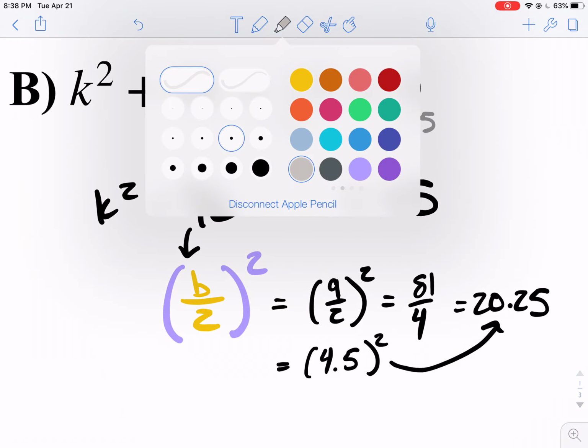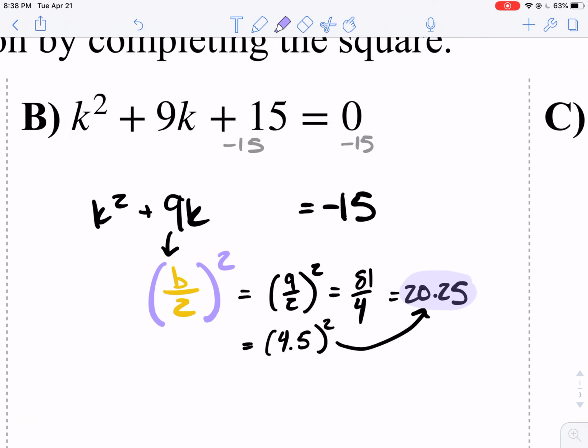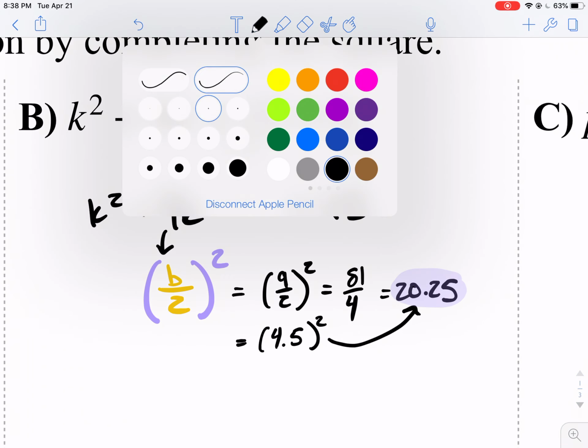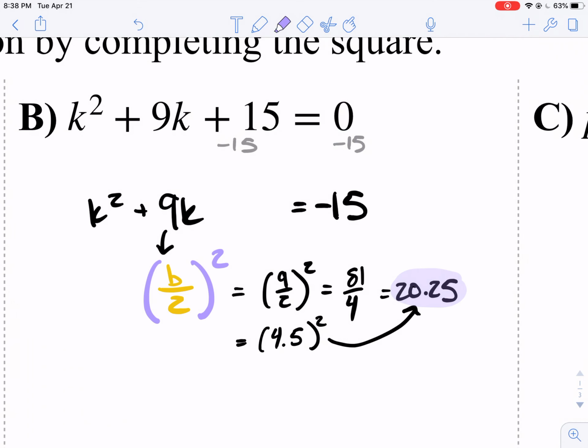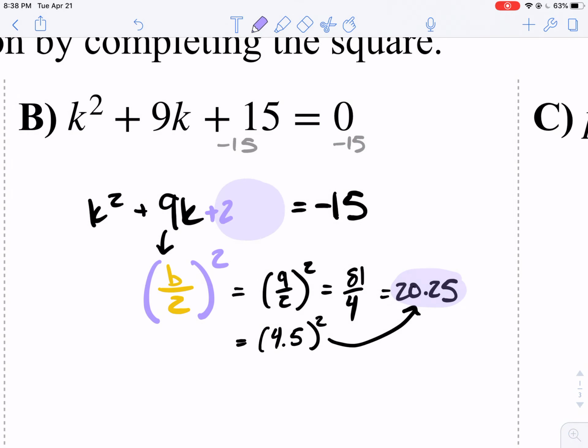Alrighty, so that means we need to add 20.25 to our equation. And that will complete the square. But remember, what you do to one side, you have to do to the other. So you need to add to both sides.